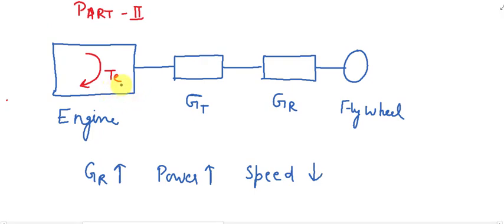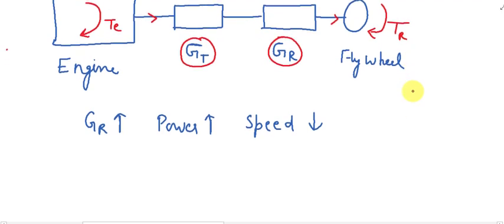So this Te moves in this direction and is treated with the gear ratio of the transmission, then with the gear ratio of the rear axle, and finally it reaches the flywheel, and the torque which is used as an output is termed the torque at the rear axle.